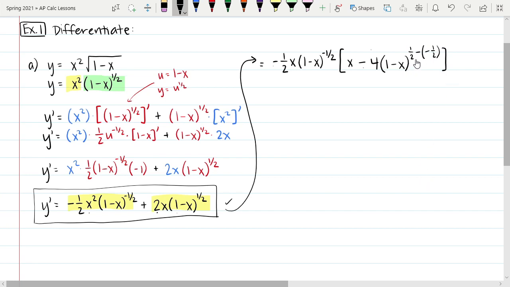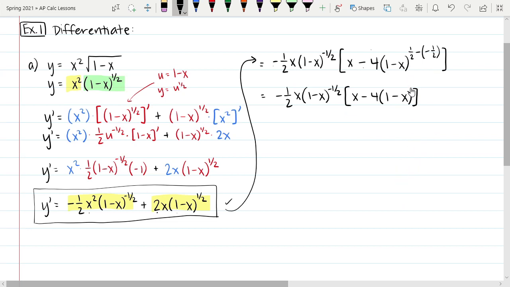But if I do 1/2 minus a negative 1/2, that's actually 1/2 plus 1/2. So that now becomes the following: x minus 4 times 1 minus x to the first. I should be using brackets there. Okay, so this is now technically to the first.